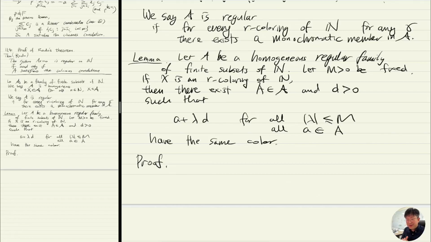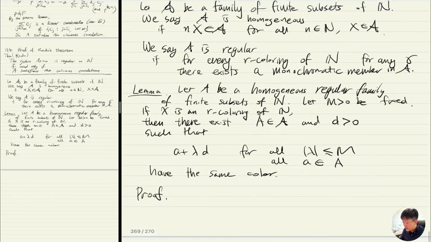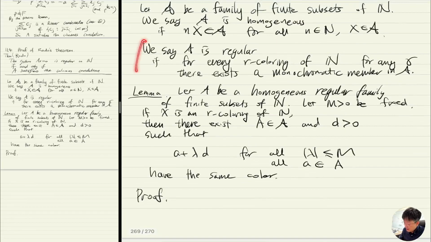So here's the proof. We define regular as follows: for any r-coloring there is a monochromatic member.